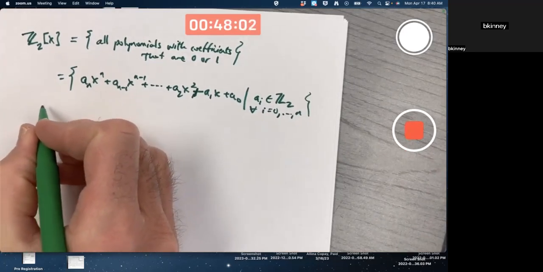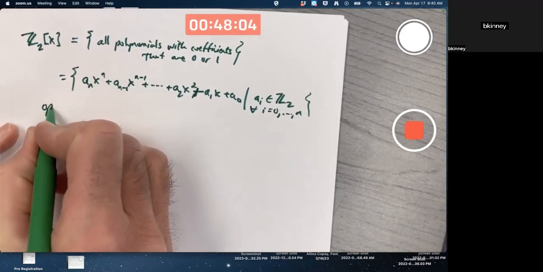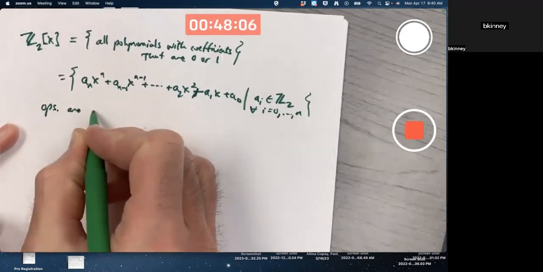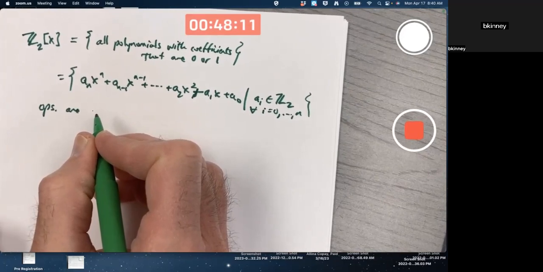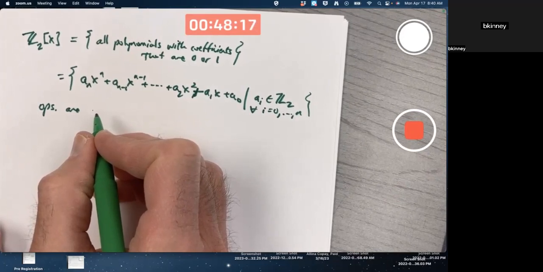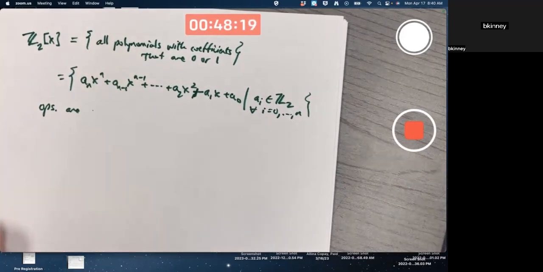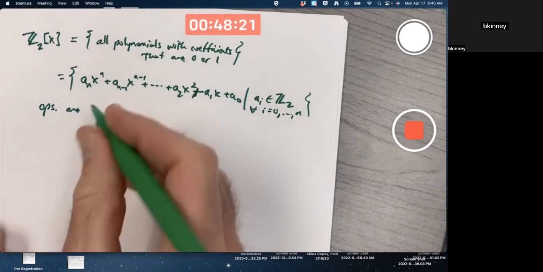The operations are, how would you best describe this? It's best described as regular polynomial addition and multiplication, where you simplify the coefficients mod 2, not the powers, the coefficients.